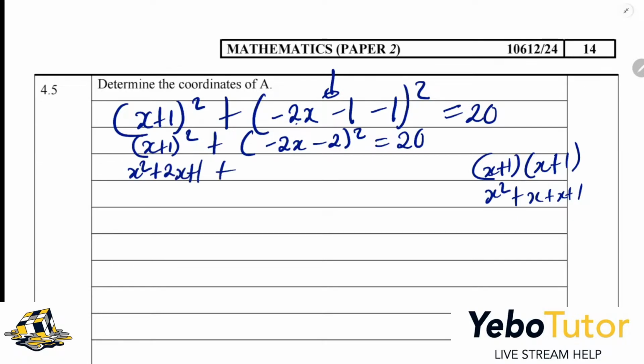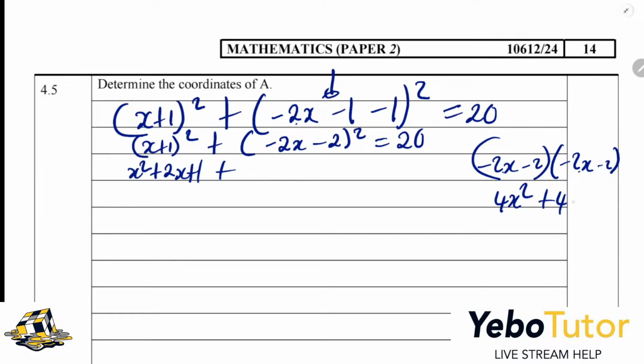Plus, for this part here, negative 2x minus 2 multiplied by negative 2x minus 2. So negative 2x times negative 2x is positive 4x squared, positive 4x, positive 4x, positive 4. Wow, beautiful. So that will be 4x squared plus 8x plus 4 equal to 20.